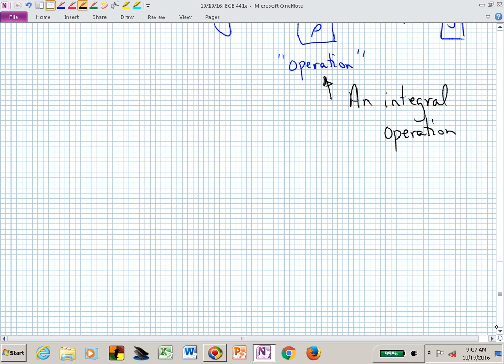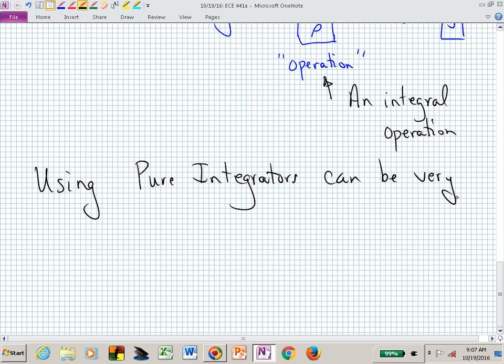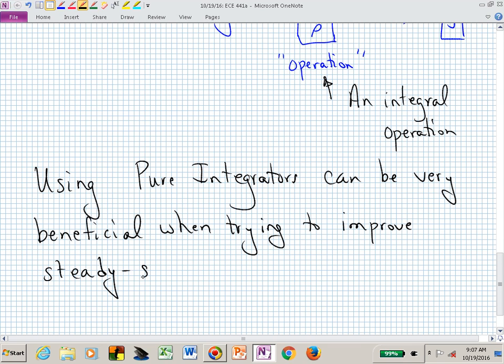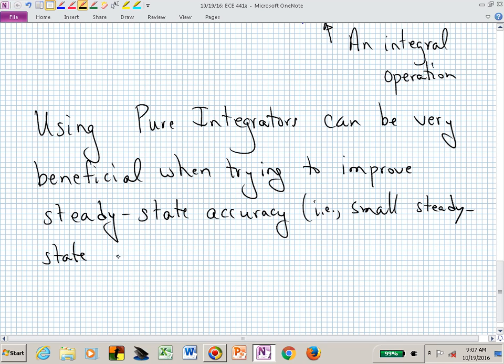So using pure integrators can be very beneficial when trying to improve steady-state accuracy, or that is, small steady-state error.